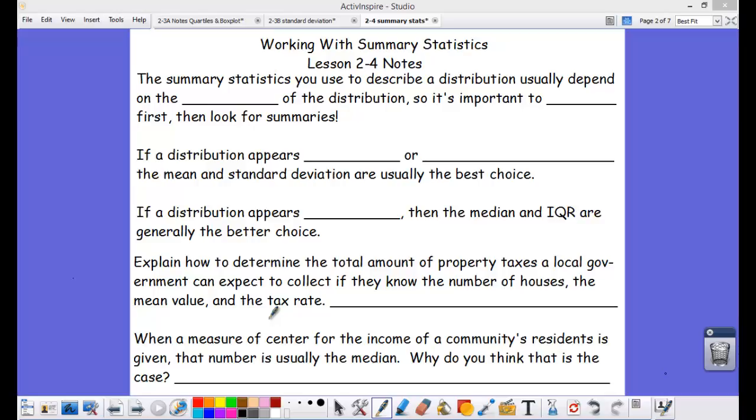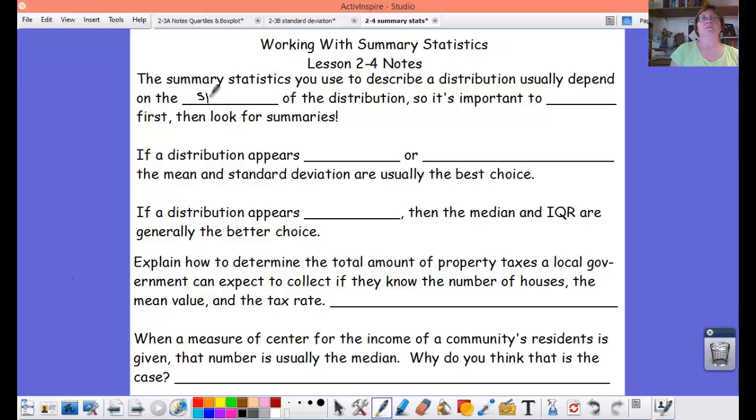Today we're going to be doing a little bit of work with summary statistics, looking at what happens when you change a data set by a given number, things like that. The summary stats that you use to describe a distribution really depend on the shape of that distribution.